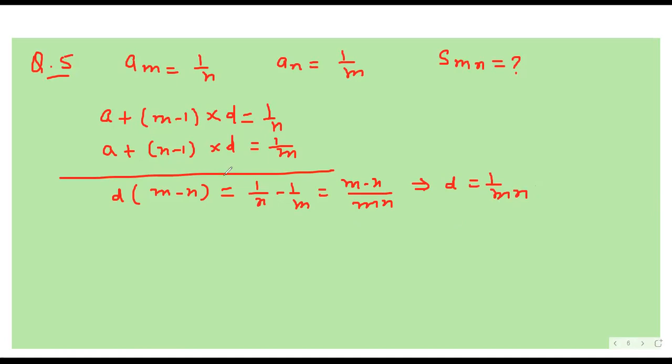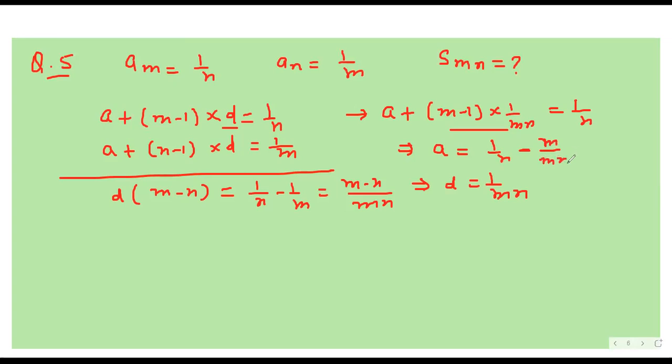So from where we get d equal to 1 upon mn. And now we put this value of d here. So we get a plus m minus 1 into 1 upon mn equal to 1 upon n. We shift this to the right hand side. So from there we get a equal to 1 upon n minus m upon mn plus 1 upon mn, and that will give a equal to 1 upon mn.